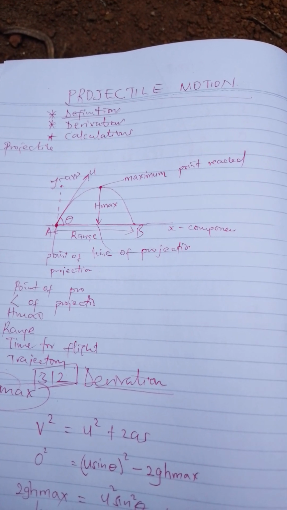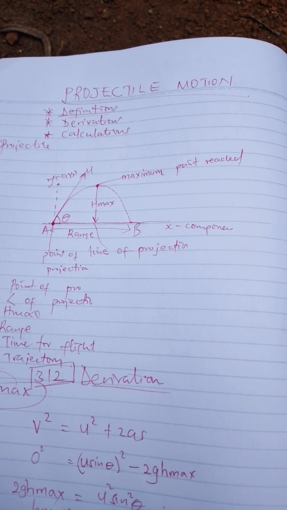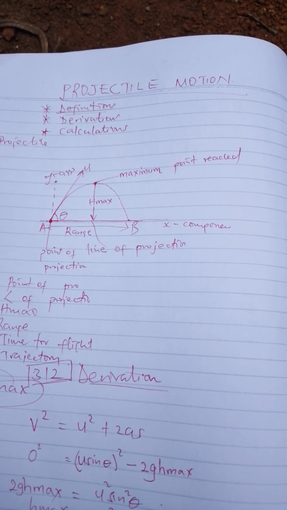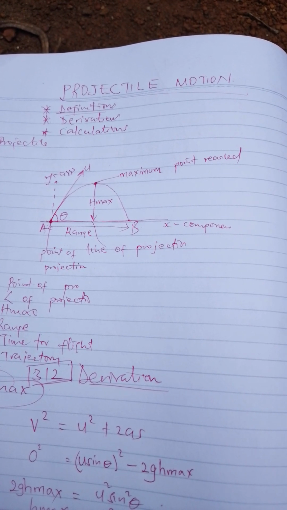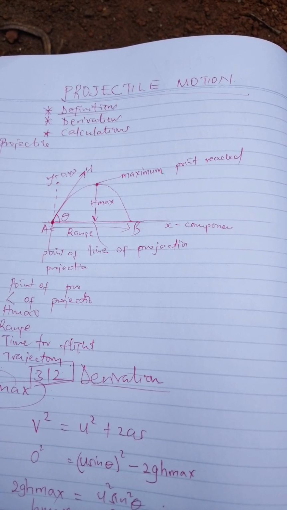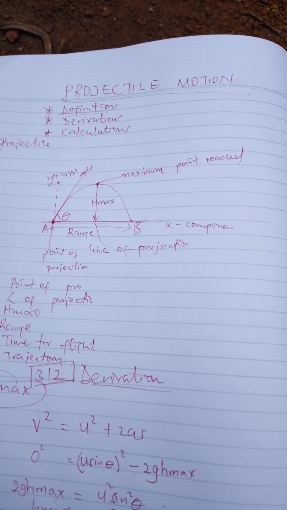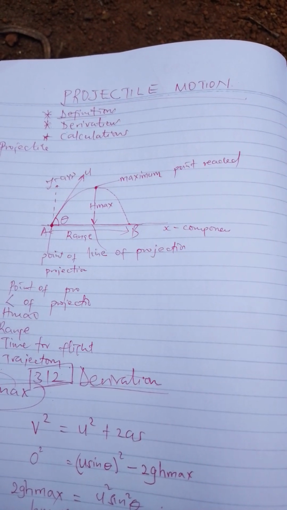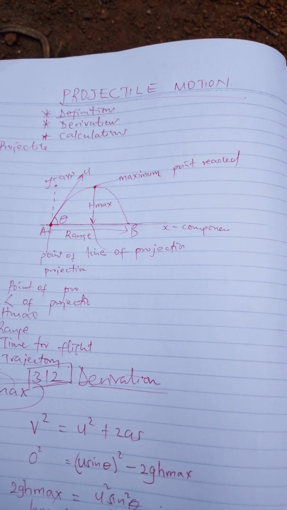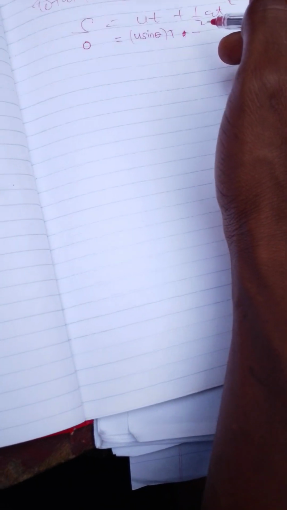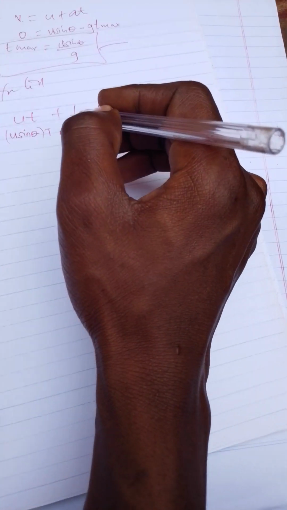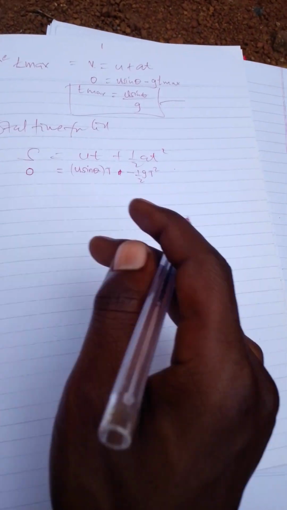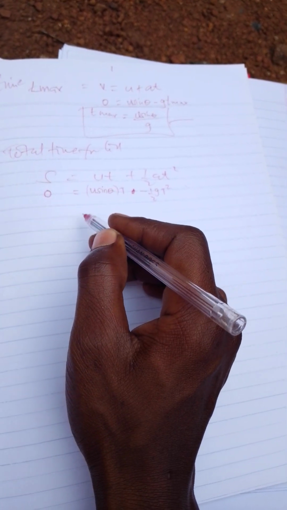Bring the velocity on the x-axis to the y-axis, because you are considering the y-axis, it becomes u sine theta, times now T. Then the acceleration here is going to be negative, so it now becomes minus a half gT squared, where capital T represents time of flight.